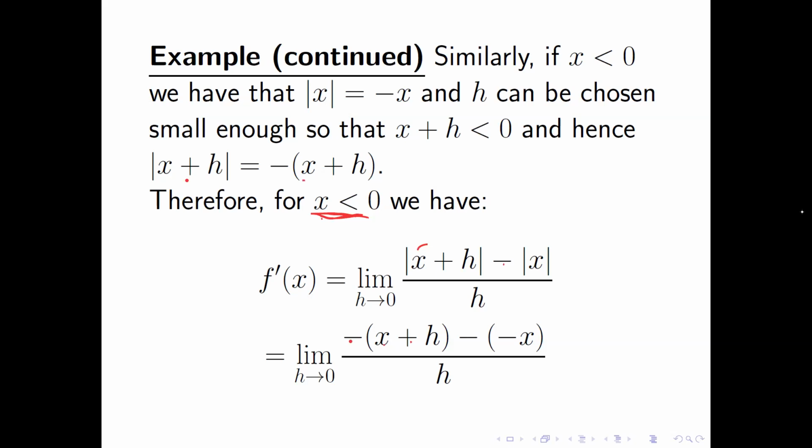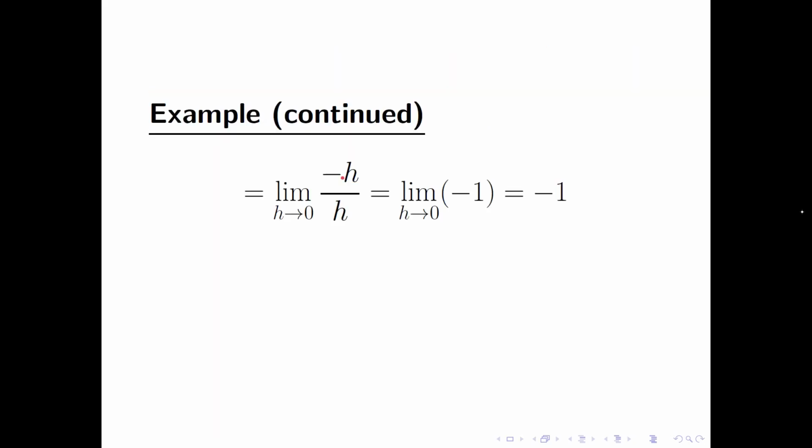And when x is strictly less than 0, the absolute value of x is just minus x. And one will see that this minus 1 multiplied by minus x is going to be positive. This will give us minus x minus h, positive x. And this x will take care of this x. So we're left with minus x, minus h in the numerator.